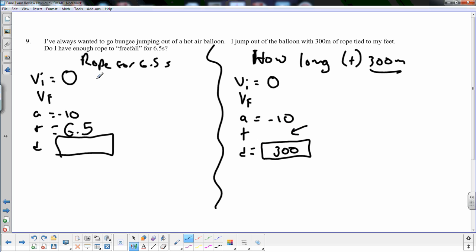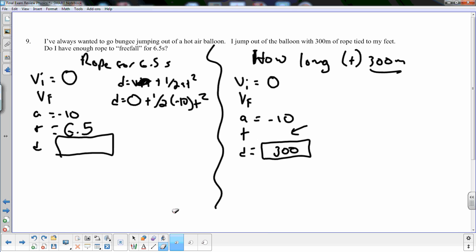So we will do here, we're going to solve for d. So d equals VIT plus 1/2 AT squared. d equals 0, VIT is going to be 0, plus 1/2 negative 10 t squared, and that t is 6.5. So I'm going to plug in 6.5 squared.